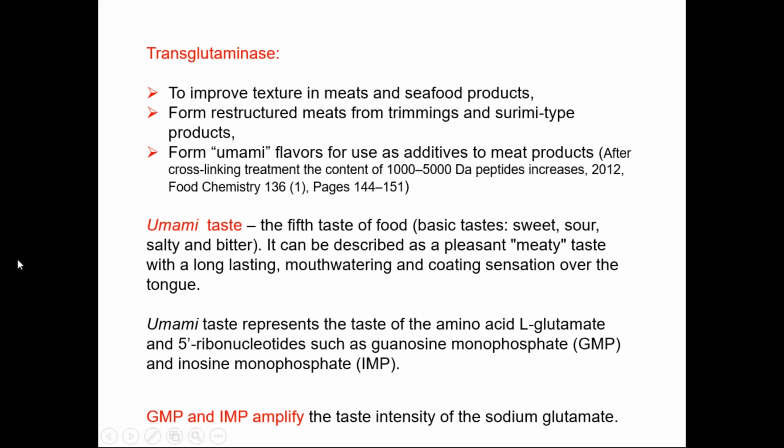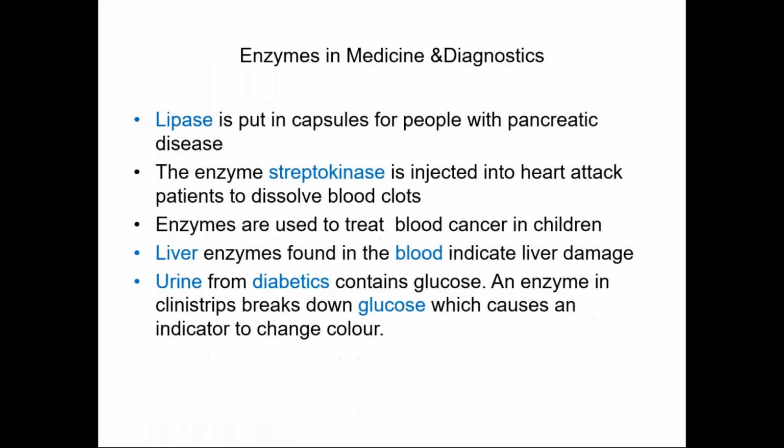And here the umami taste is represented by the glutamate and 5-ribonucleotides GMP, that is guanosine monophosphate, and inosine monophosphate. So enzymes have a large number of applications, both good and bad, in the food industry.